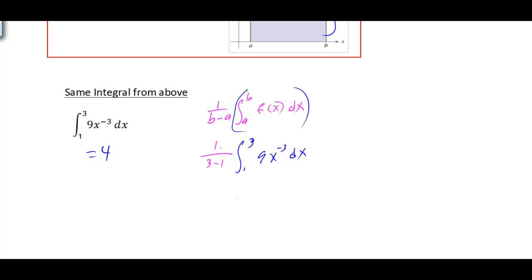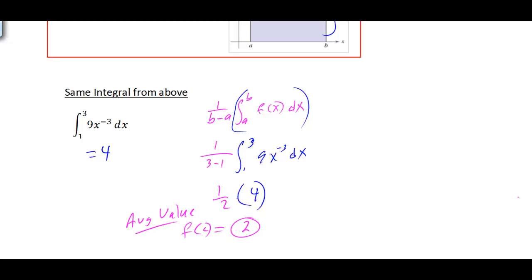So we have 1/2 multiplied by the integral, which you already found was 4. So 1/2 times 4, we end up with an answer of 2. And this is that f of c value, or what we call the average value for our function.